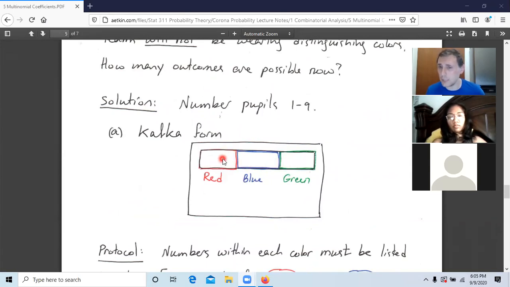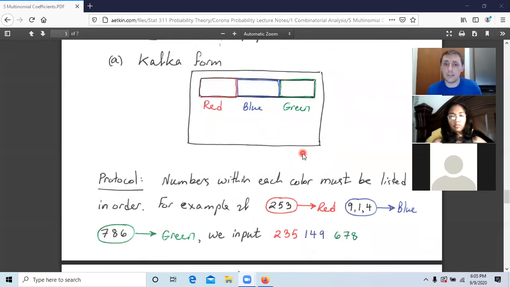I will label the 9 pupils 1 through 9, and I will always order the numbers that I write in the red segment in order, in the blue segment in order from smallest to largest, and the same for the green segment. For example, suppose individuals 2, 5, and 3 were assigned to the red jersey, 9, 1, and 4 to the blue jersey, 7, 8, and 6 to the green jersey.